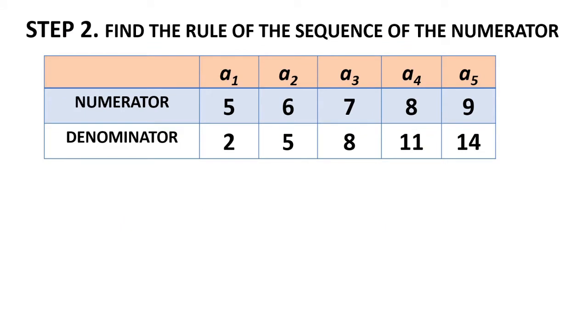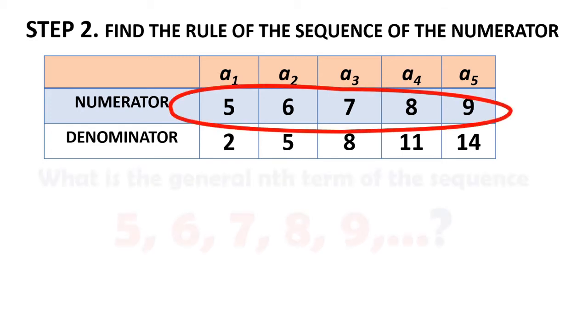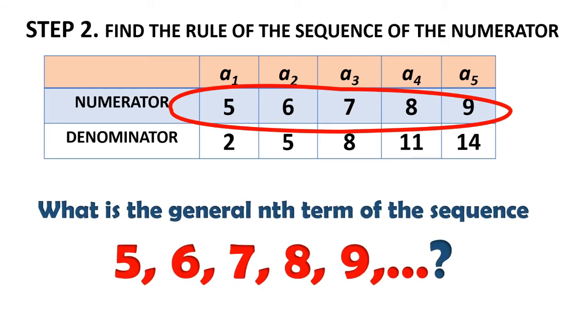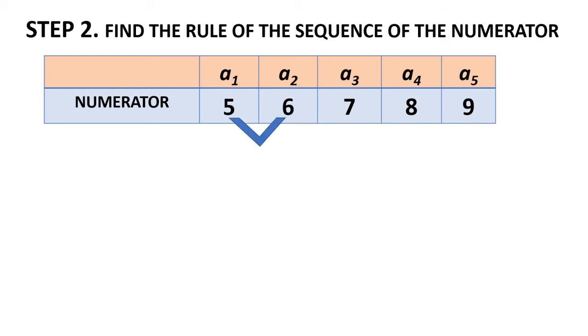So let's proceed to step 2, which is find the rule of the sequence of the numerator. So given our numerator, what is the general n term of the sequence 5, 6, 7, 8, 9? Let's find for the difference between the terms. 6 minus 5 is 1, and then 7 minus 6 is 1, 8 minus 7 is 1, and 9 minus 8 is 1.